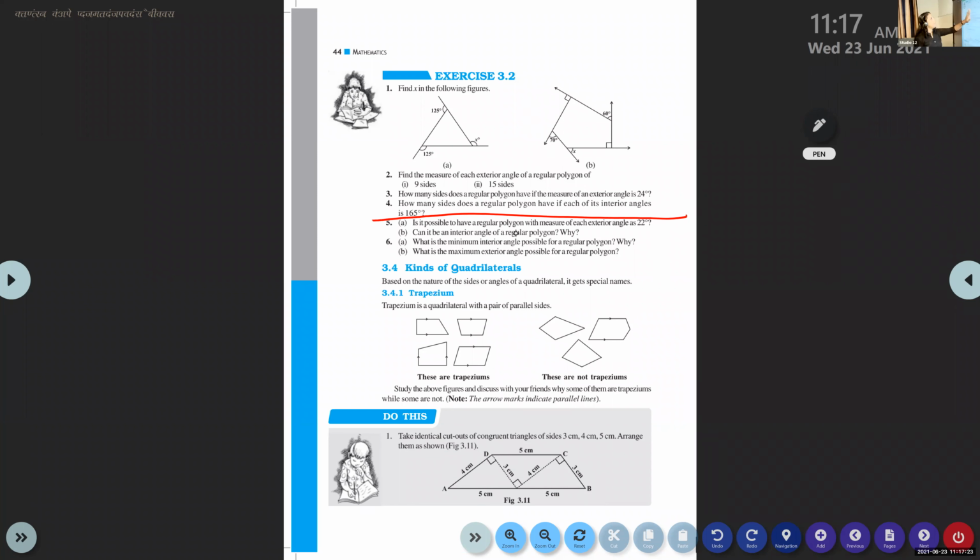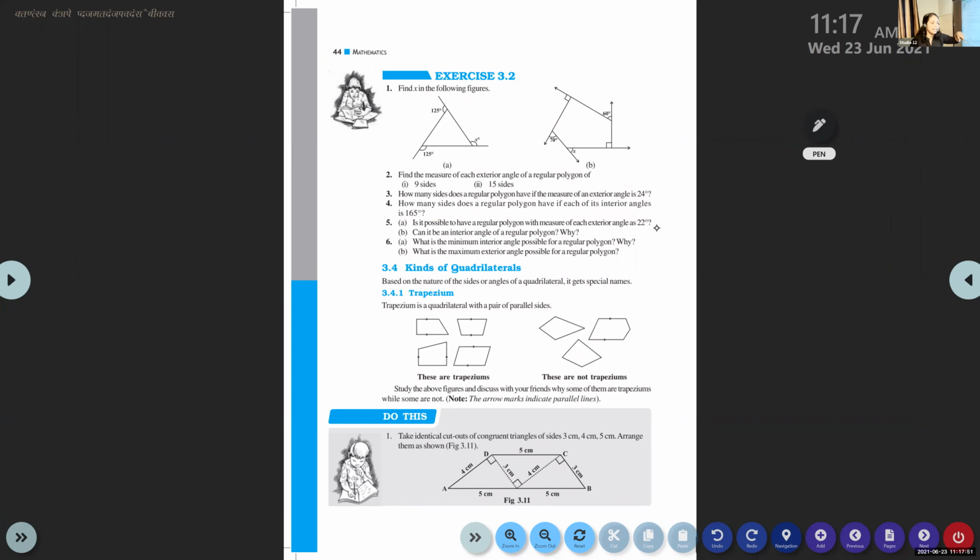Okay, Pranav, one second. Here, in question number 3, the exterior angle is given directly, 24 degrees. So you can divide 360 by 24, no problem, because the exterior angle is given directly. It is a normal question. But in question number 4, the interior angle 165 is given, not the exterior.